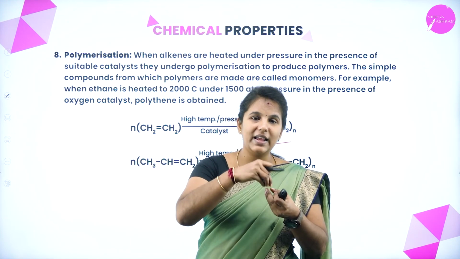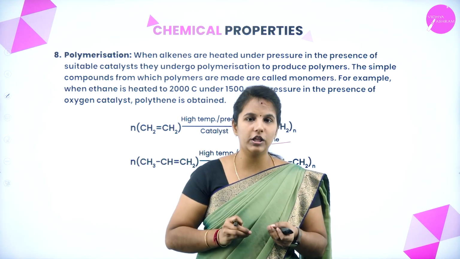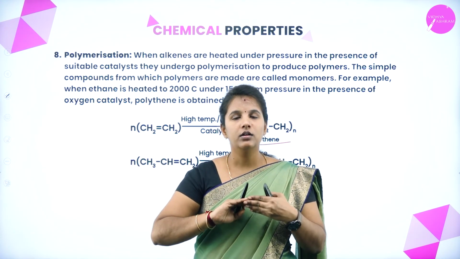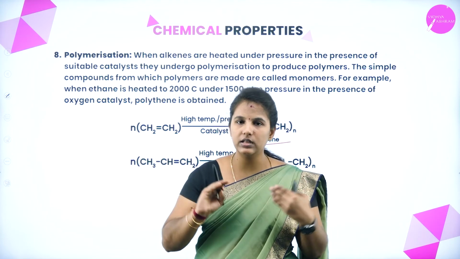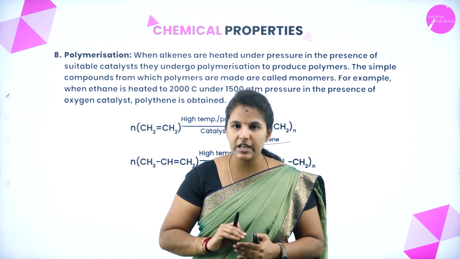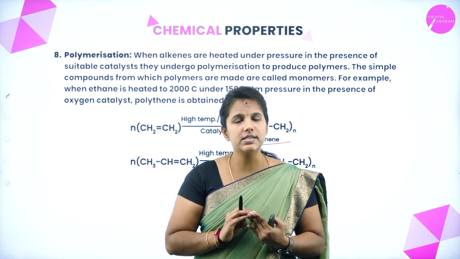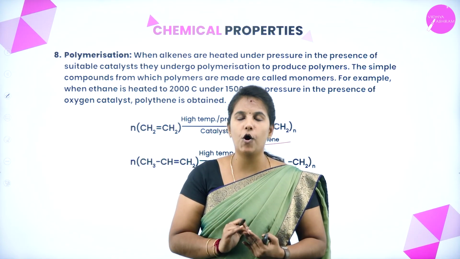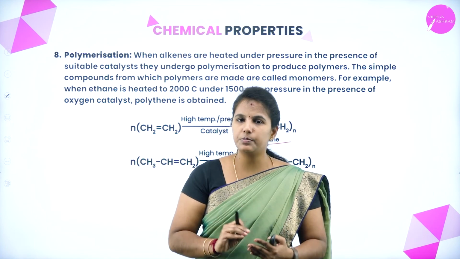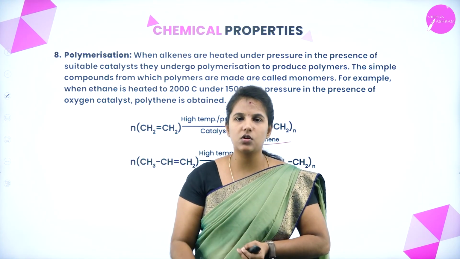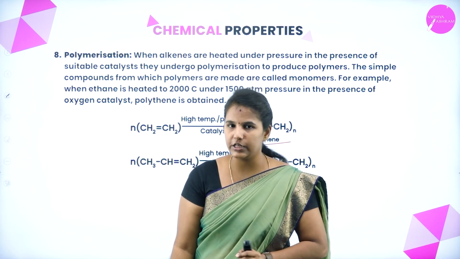Because each single molecule, known as monomers, joins together to form a chain structure, or branch structure, or cross-linked structure. This results in the formation of a polymer. So this process of obtaining the polymer from the monomers is also known as polymerization.